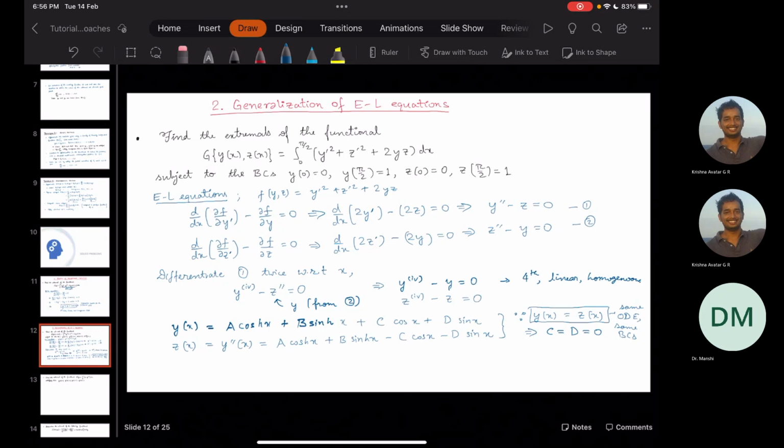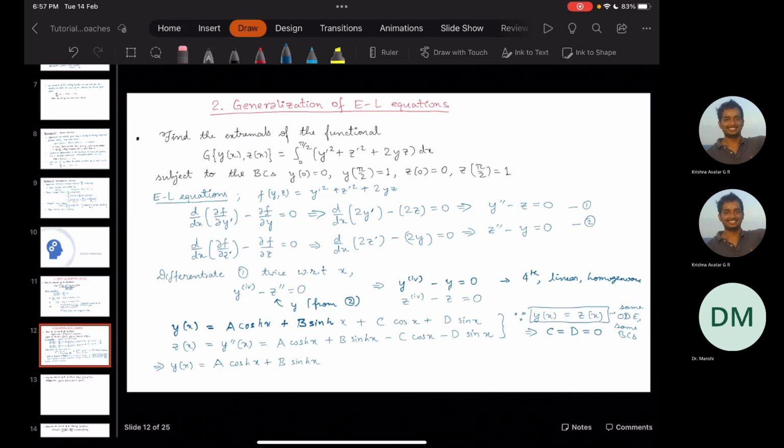This follows from our uniqueness theorem, which we won't be discussing here. Okay, so we are left with y of x is equal to a cosine hyperbolic of x plus b sine hyperbolic of x.